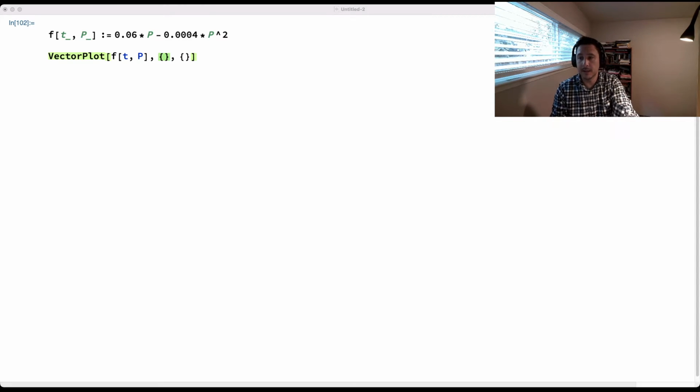Sorry, the way you want to do this is, you don't put it in like that. What you're going to do is put brackets like this, 1, and then what you're going to give it is your function, the f of t, p.